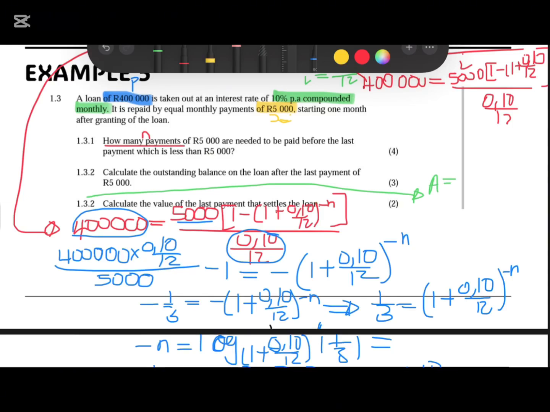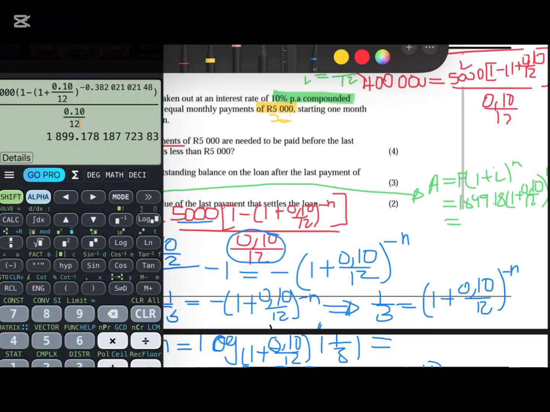To calculate the interest, we're going to use compound interest, which is A equal to P into 1 plus the interest rate to the power n. So your n in this case will be 1, because the bank is going to charge interest based on the present amount, which is 1,899.18, for 1 month, because the following month you will settle the loan. Then we'll have 1,899.18 into 1 plus 0.10 divided by 12 to the power 1.